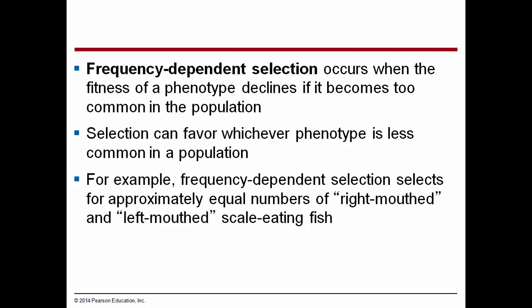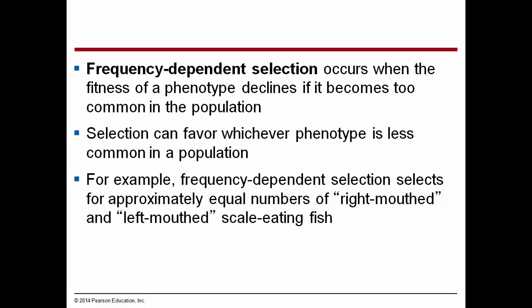Well, the fish eventually becomes aware of that, and it will start to defend the left side where it's always getting sneaked up on. Then the left-side scale-eating fish won't have an easy time sneaking up. So the right-mouth scale-eating fish will be more successful.